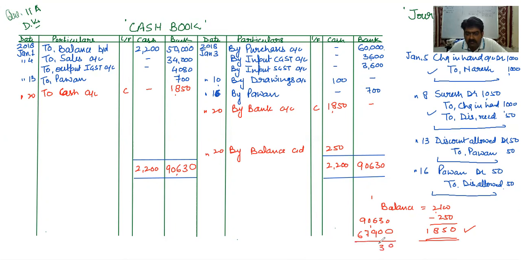So 16 minus 9, 7, 9 minus 7, 2. So 22,730 will be our closing balance that we will write here in credit side, 22,730 rupees.